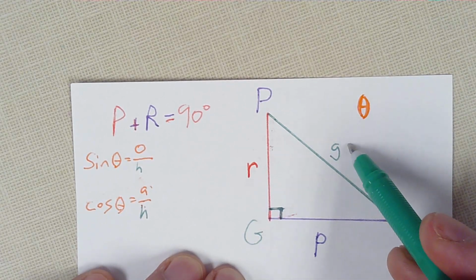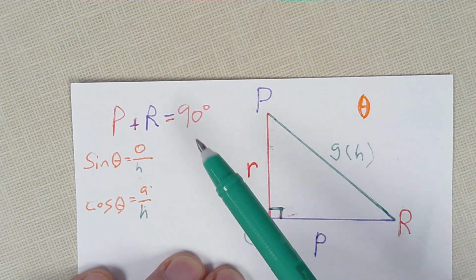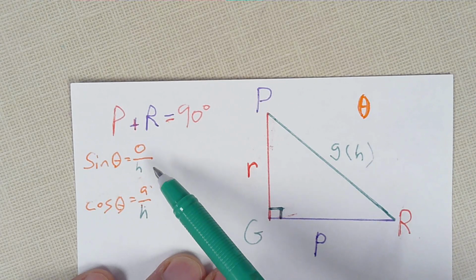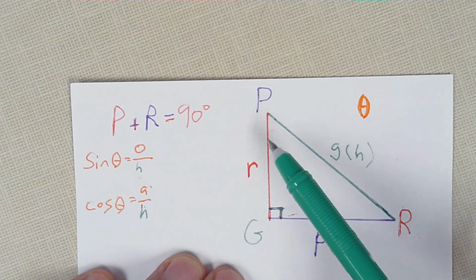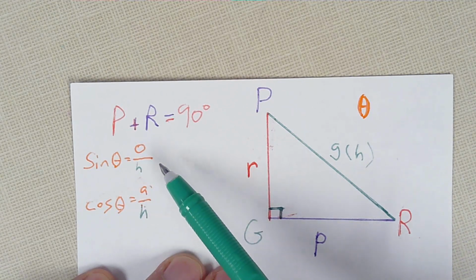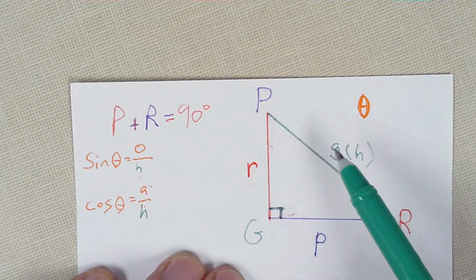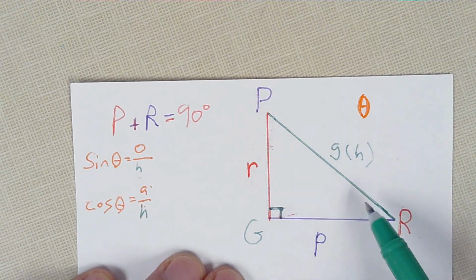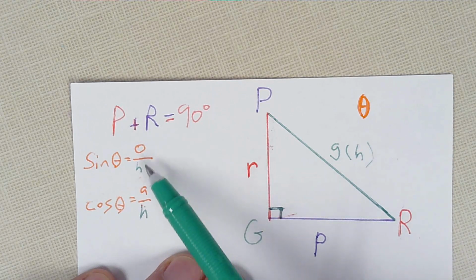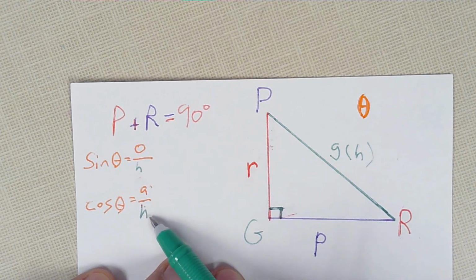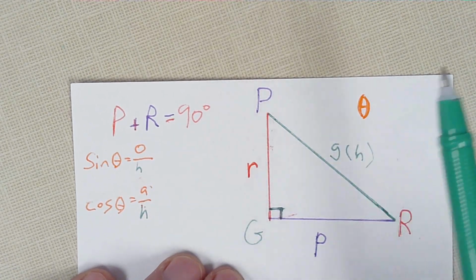The hypotenuse is G. Whether or not they are the long leg or the short leg, depending on where theta is, sine and cosine are always going to be less than 1, because this is the bigger number, the longer length, and these are going to be smaller than that. So if you take a shorter length and you divide it by the hypotenuse, it's going to give you a number less than 1. So why does that help us?